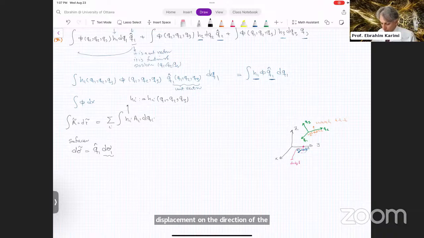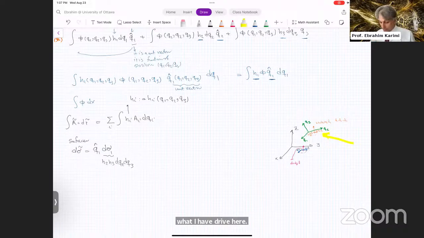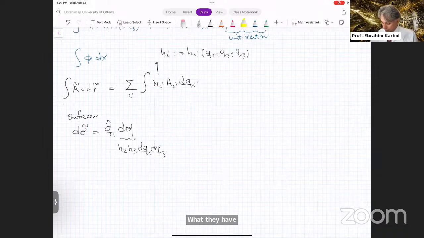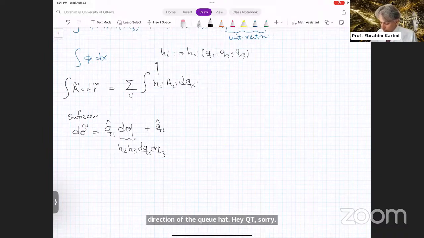So that will be equal to h2, h3, dq2, dq3. It looks like what I have derived here, that is for the element on the direction of q3, sorry. And then I have q2 d sigma 2 plus q3 d sigma 3.